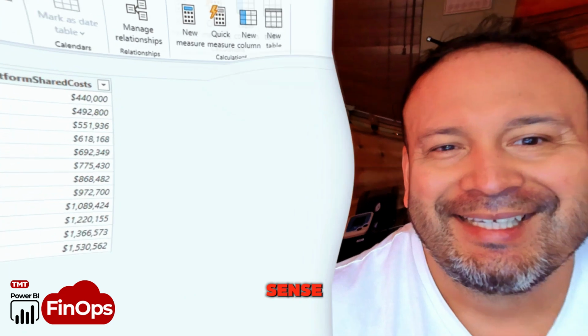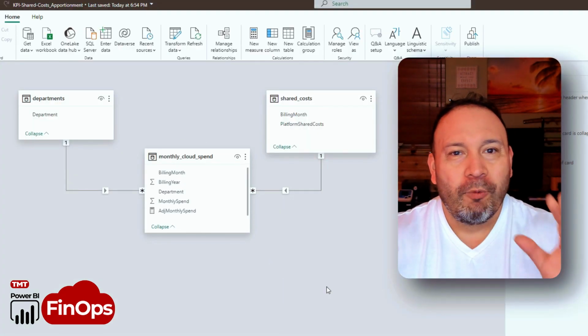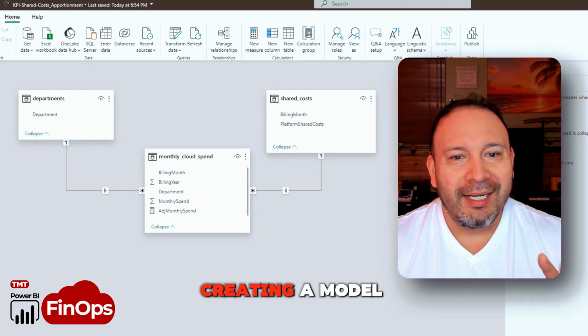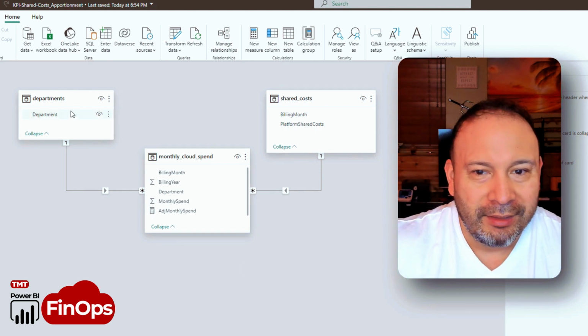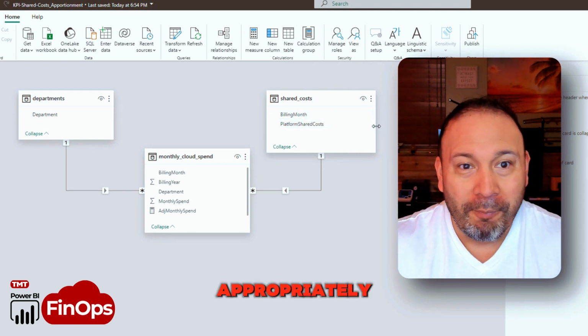Hopefully that makes sense. So now you can see here's a data model view where basically with that structure, creating a model for the departments, the monthly cloud spend, and then the shared costs appropriately.